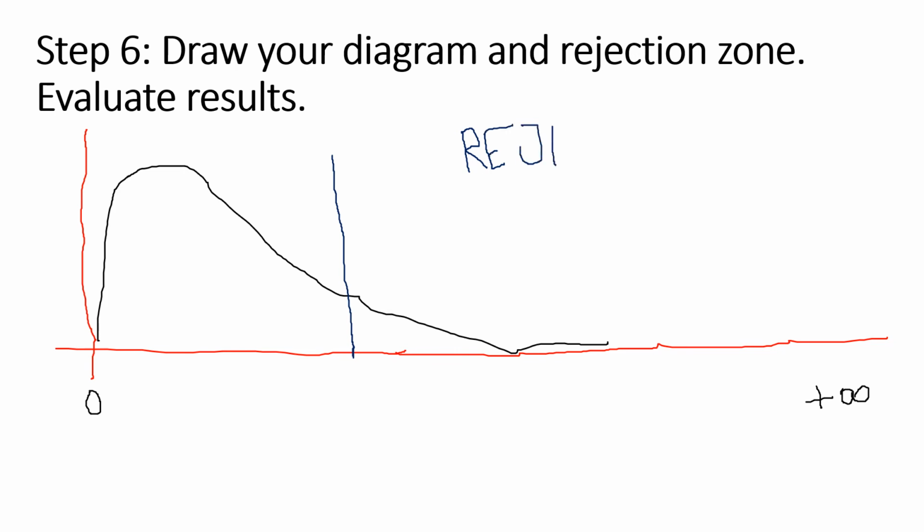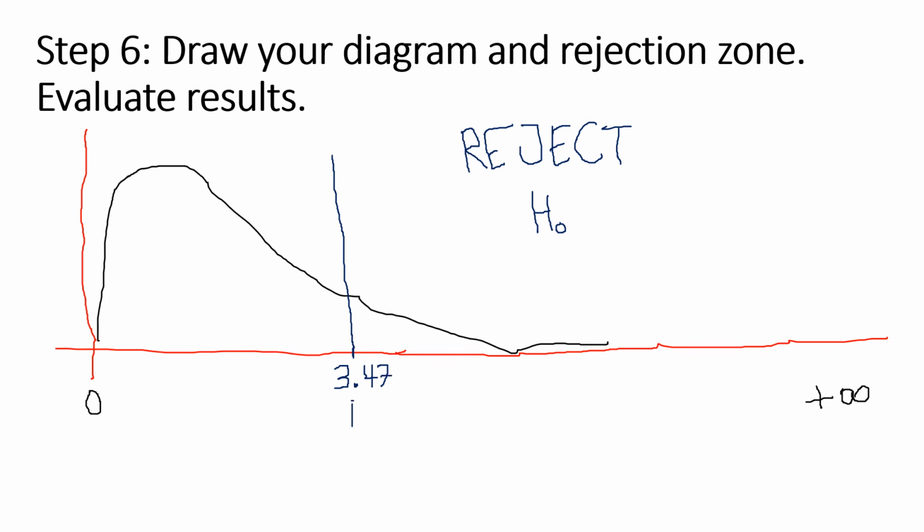If our value falls to the right of this point, and that point is actually going to be 3.47, that's our F critical, right?